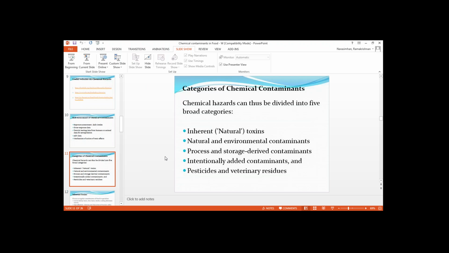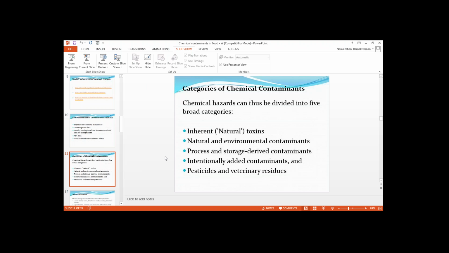Other hazards could be introduced by accident during production of the food raw materials. Sometimes these are unavoidable. How does it occur? It occurs because of poor growing practices, post-harvest practices, and sometimes inappropriate processing conditions.